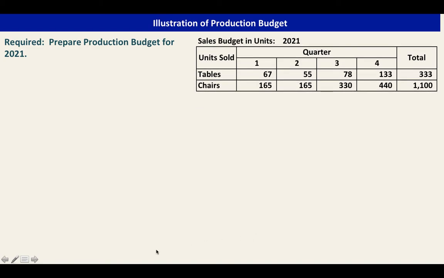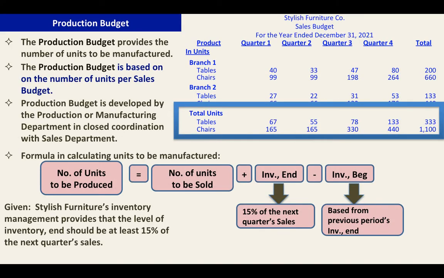So here, class, this type of presentation, by the way, is being done in the office, wherein you have to make a statement. Like what we have done, we did a statement of sales budget. And the formula is basically used for classroom purposes.